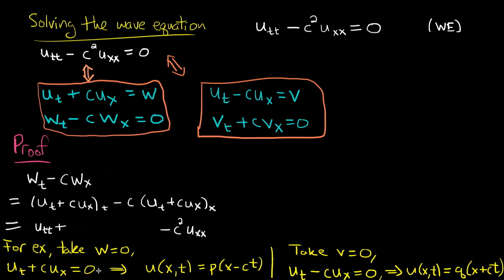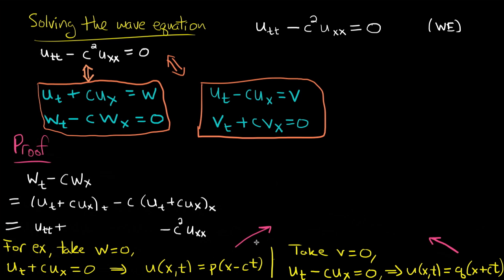We've found that any solution to the forwards transport equation, p of x minus ct, is a solution to the wave equation, and any solution to the backwards transport equation, q of x plus ct, is a solution to the wave equation. Now, you may or may not know this at this point, we haven't really discussed this yet, but the wave equation is what's called a linear partial differential equation. That means the same thing that it does in ordinary differential equations.